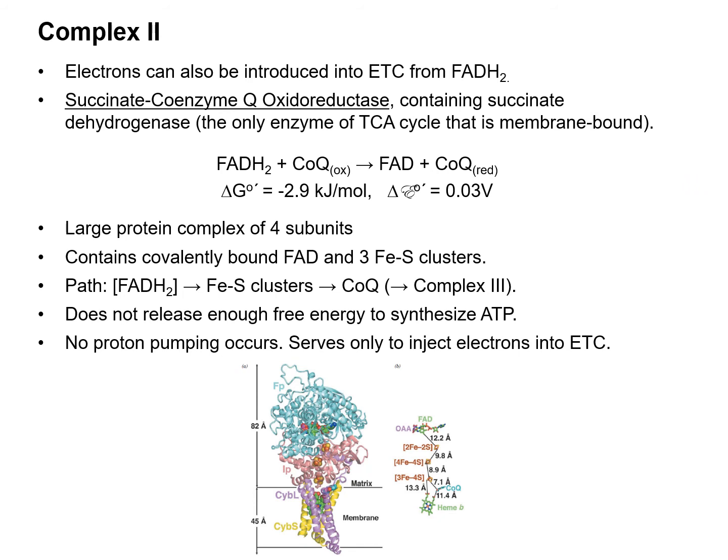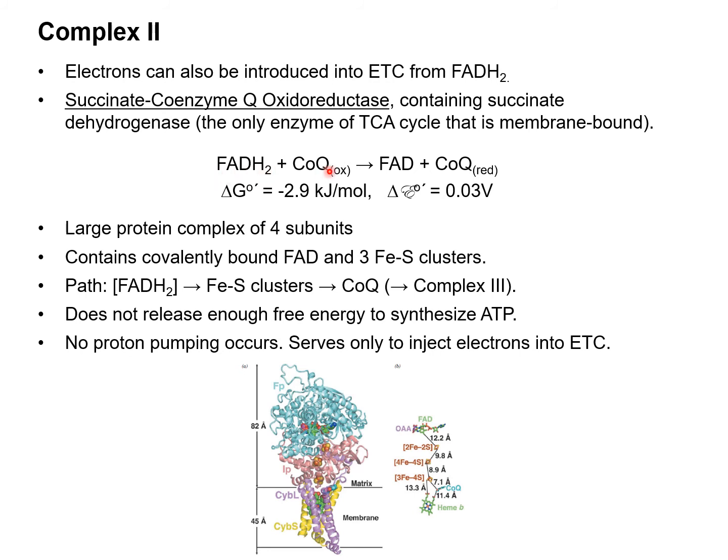Electrons can also be introduced into the electron transport chain from the FADH2 rather than NADH using complex 2. It's also called succinate coenzyme Q oxidoreductase, which contains succinate dehydrogenase, and that's the only enzyme of the TCA cycle that is membrane bound.